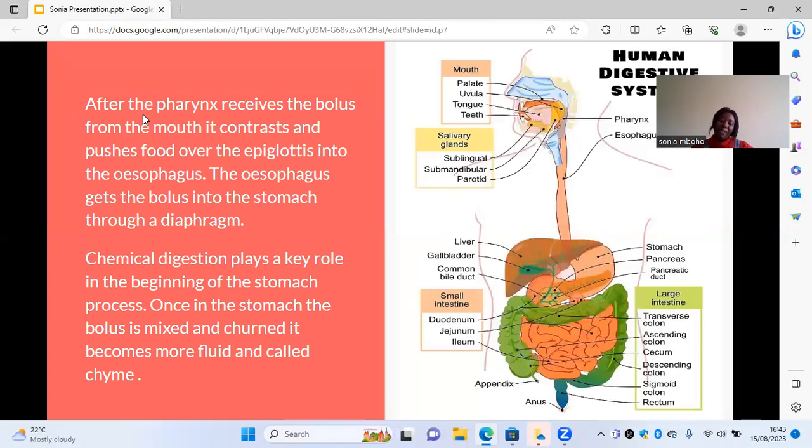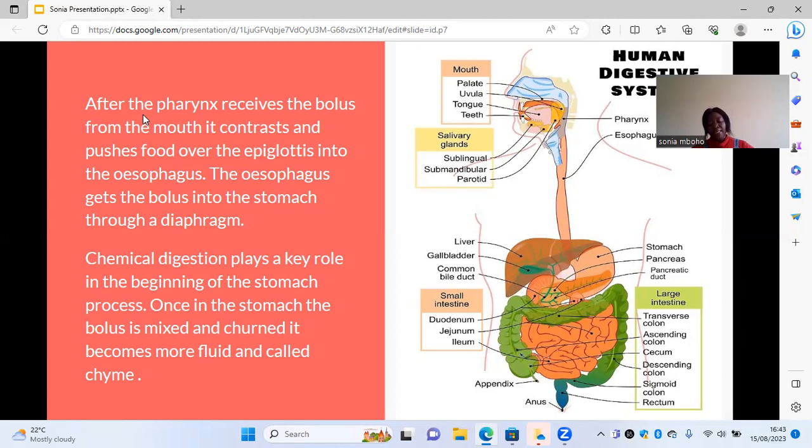Teeth mechanically break the food into small pieces, which the saliva softens, and then the tongue mixes and rolls the food with the saliva during what we call mastication, that is, chewing of food.